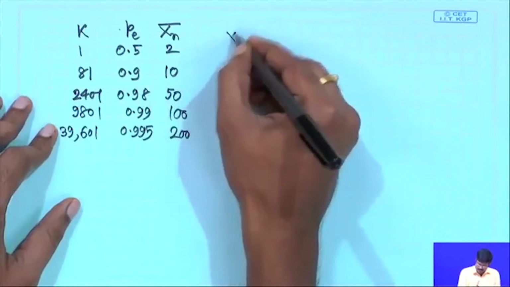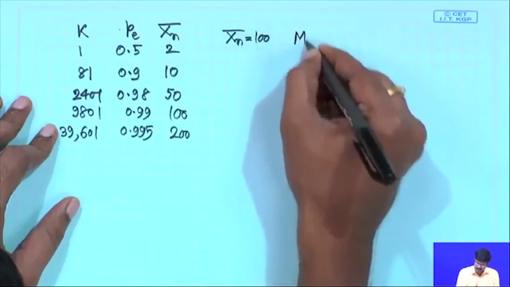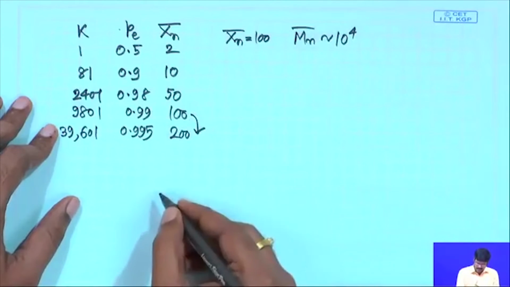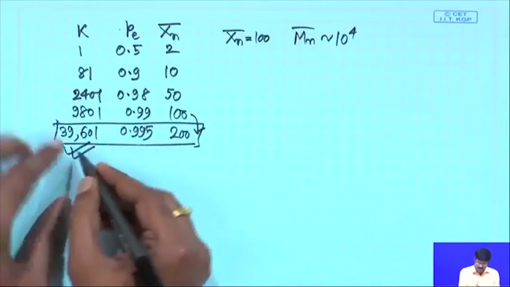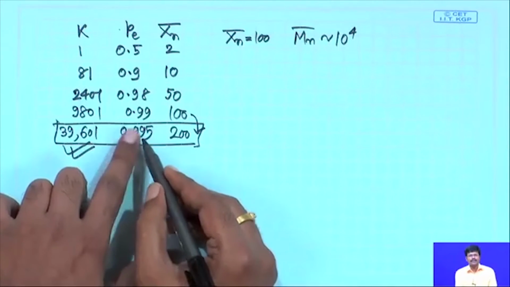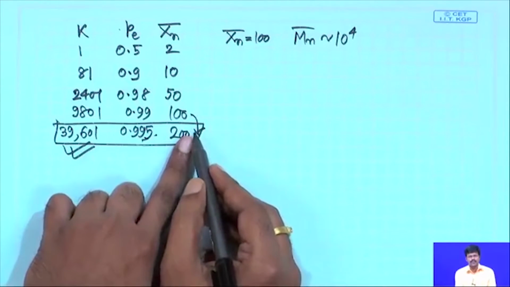Now, as I told, in general for your typical step polymers, when Xn bar is 100, your molecular weight becomes around 10 to the power 4. So, you have to go beyond that. So, you need this kind of situation. Your equilibrium constant has to be as high as this in order to get this kind of reaction, extent of reaction will be then 99.5% and your Xn bar will be 200, reasonable maybe.